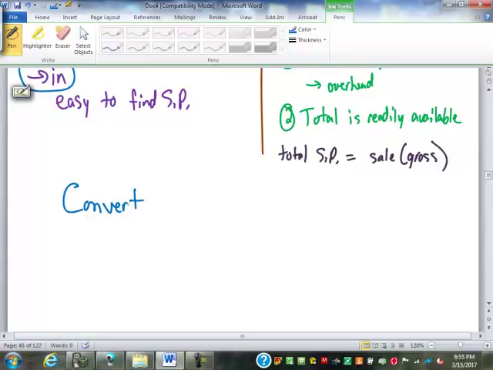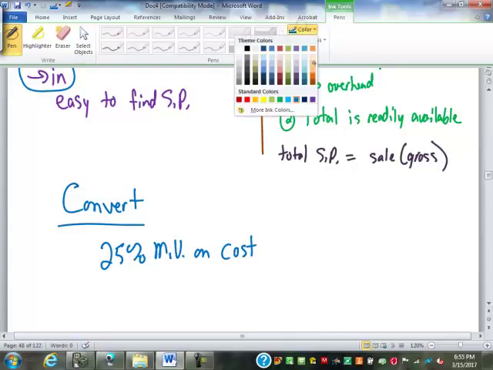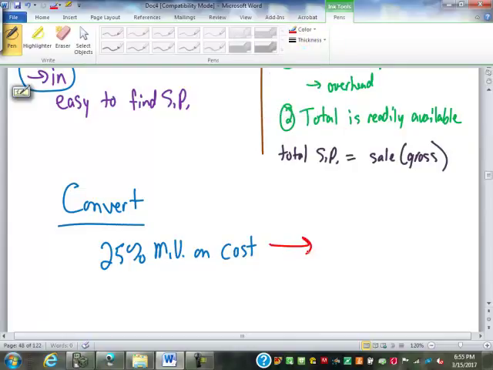If I want to convert, let's say we have a 25% markup on cost to a percent markup on selling price.